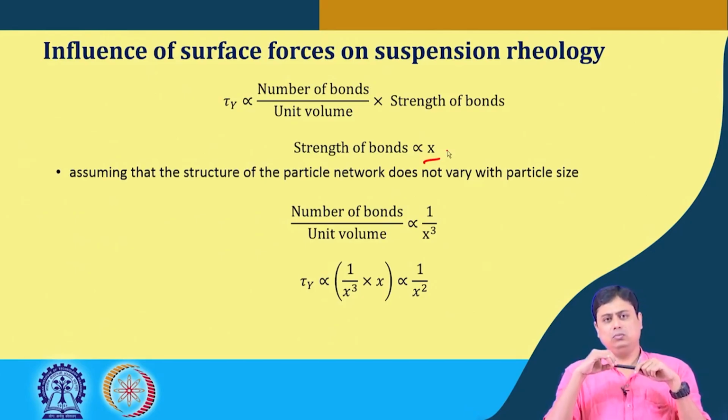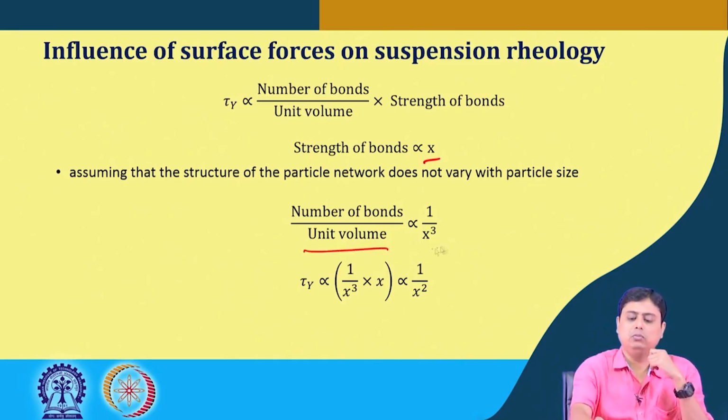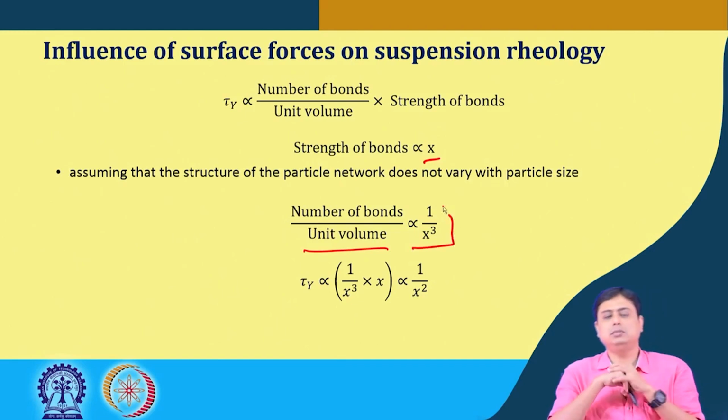Now, if we assume that the structure of the particle network is independent of particle size, then the number of bonds per unit volume becomes proportional to 1 by x cubed, where x is the diameter of the particle.